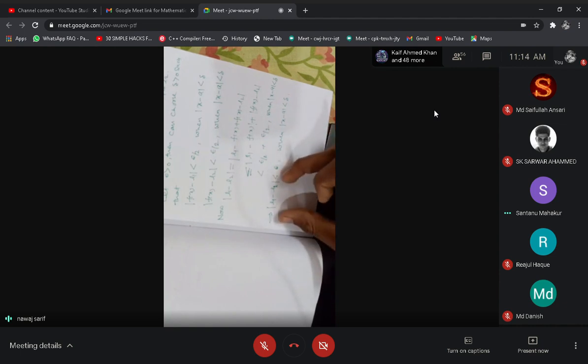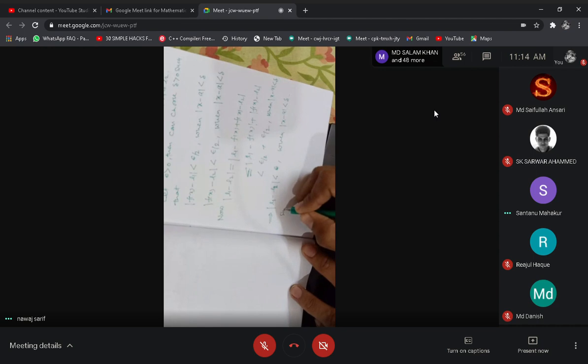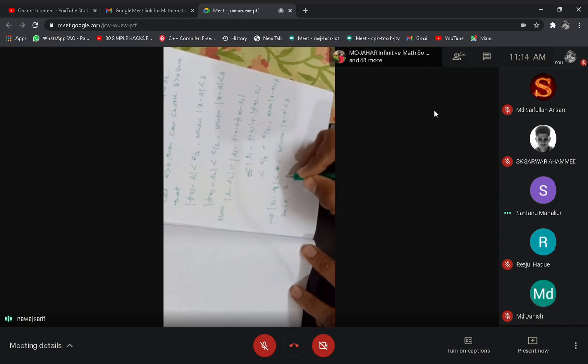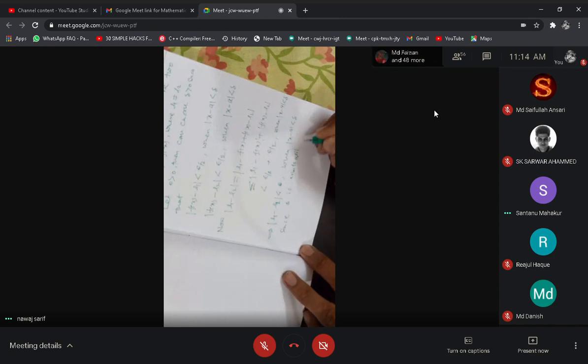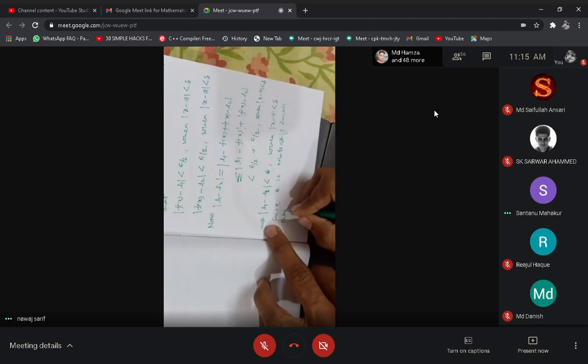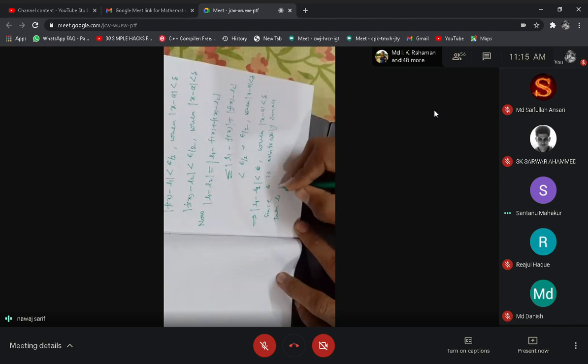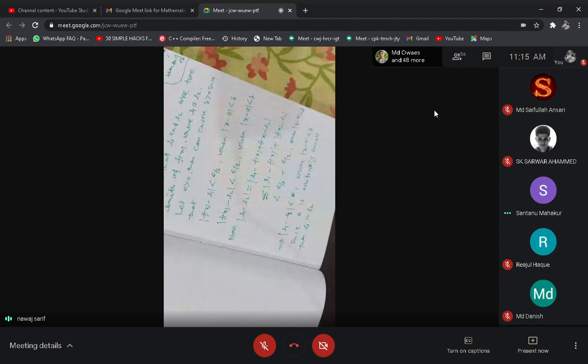So then we can say that L1 is equal to L2, since epsilon is arbitrarily small, then L1 must be L2, but we have assumed that L1 is not equal to L2.